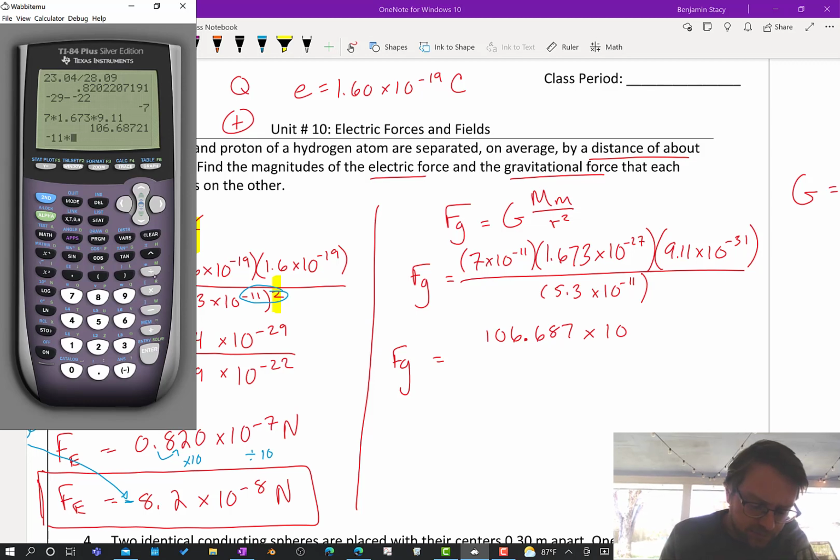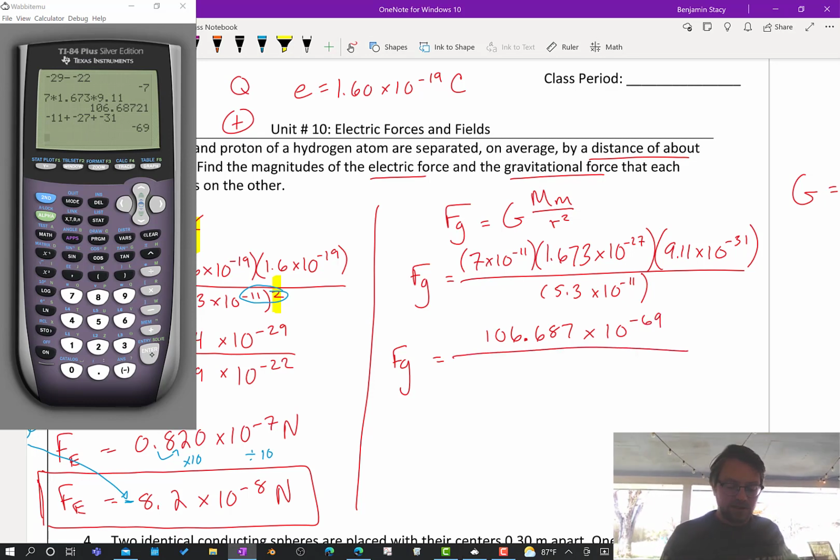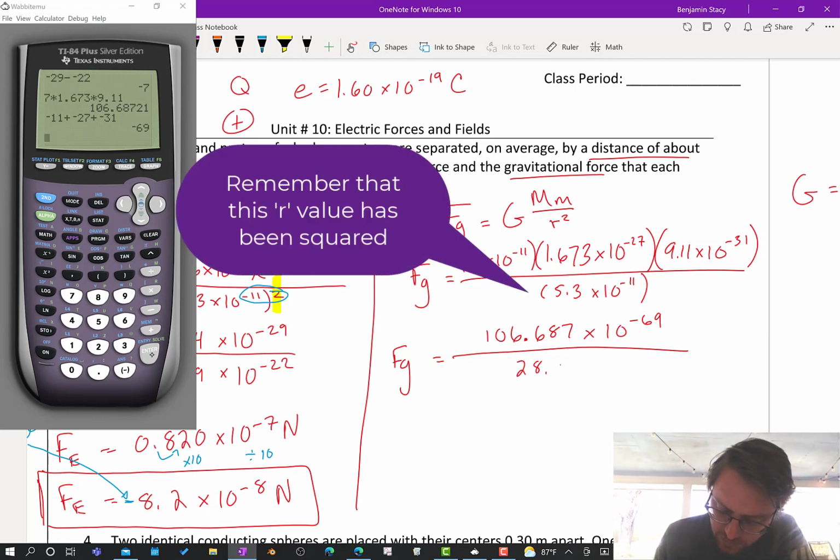Minus 11 plus, I almost did times, plus minus 27 plus minus 31. I've got my minus 69. And downstairs we know we're going to have the same value that we just had with the previous part of the question because the distances are the same. So that's 28.09, 28.09 times 10 to the minus 22.